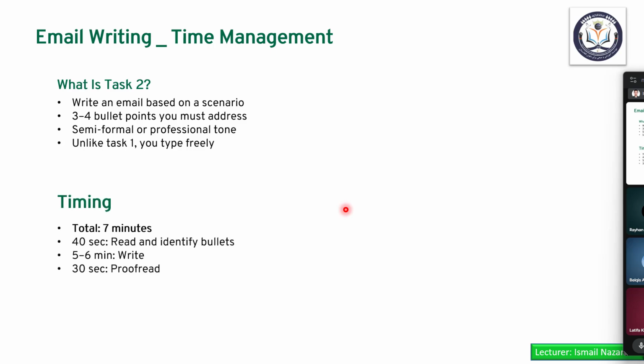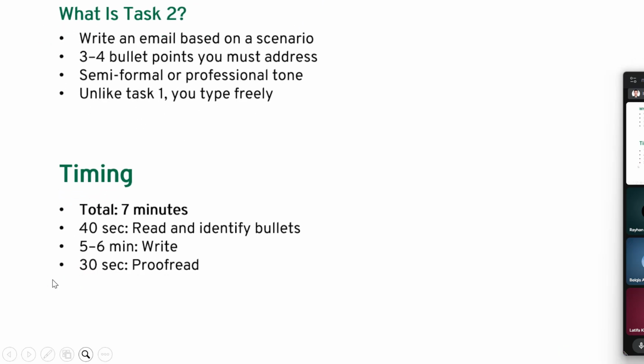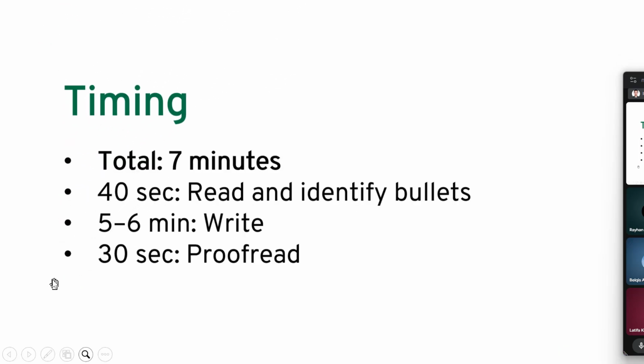Now, in order to manage our time carefully, we have to focus on this one. We have a total of 7 minutes, and in the first 40 seconds, focus on reading and identifying the bullet points. Focus, just focus.